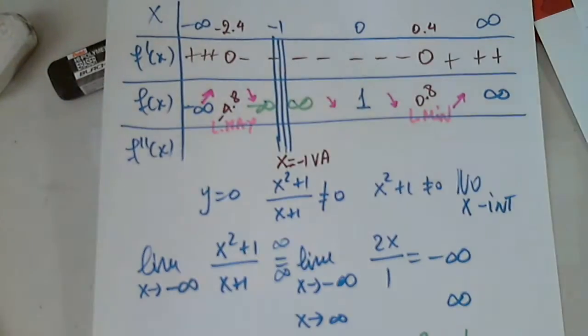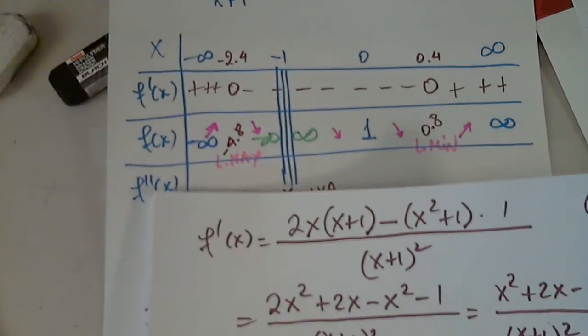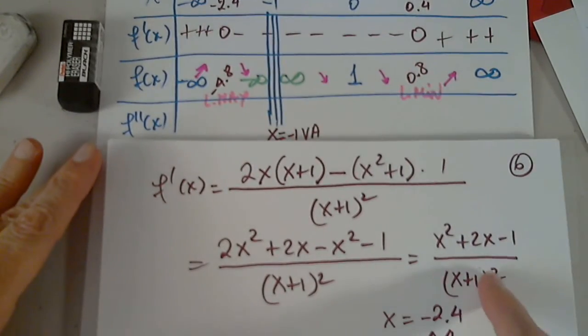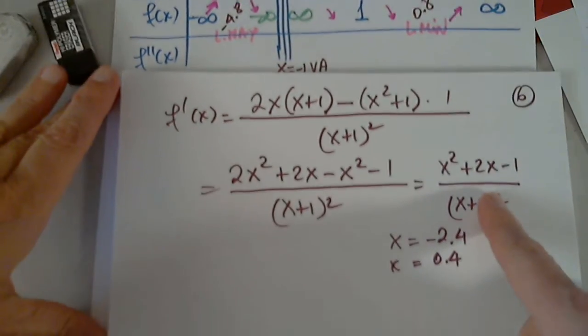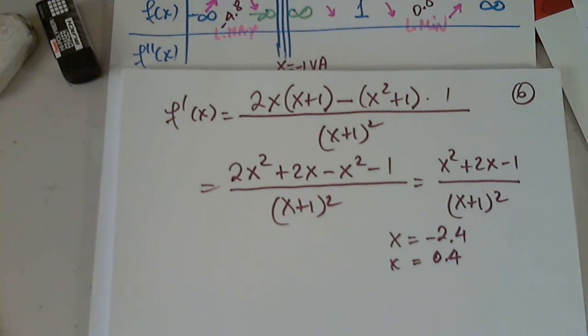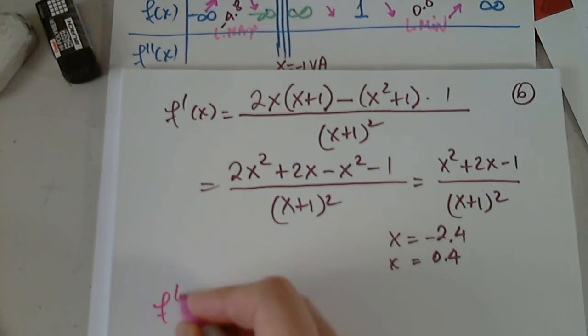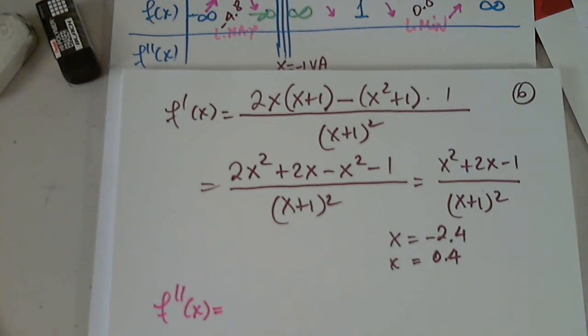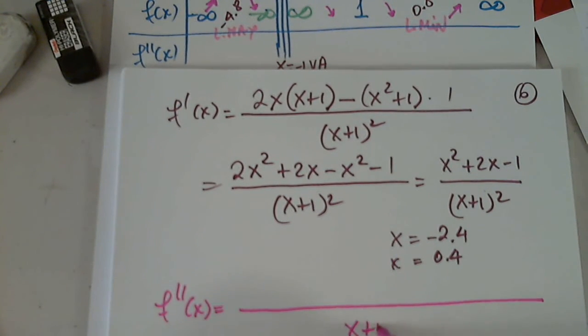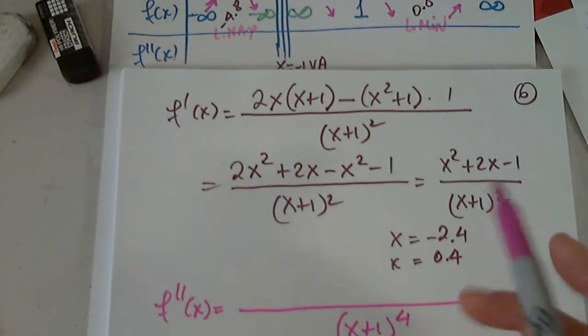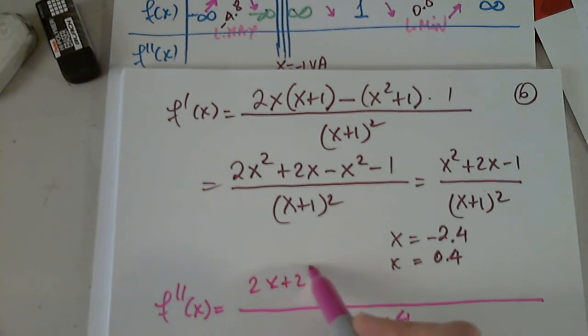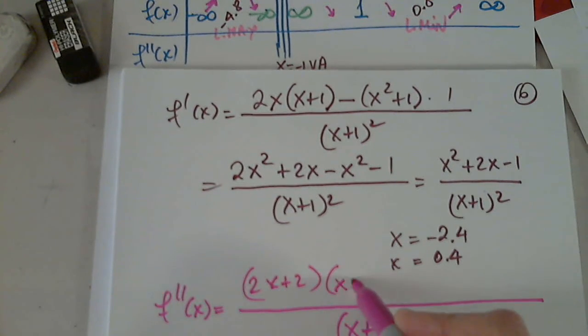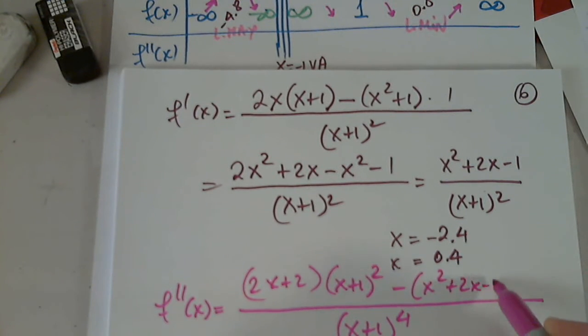Okay, so let's look at the second derivative, which is not nice at all, because I have to differentiate this. Ugly. Okay, so the second derivative, we have the top prime, 2x plus 2, times the denominator, minus the top times the denominator prime.